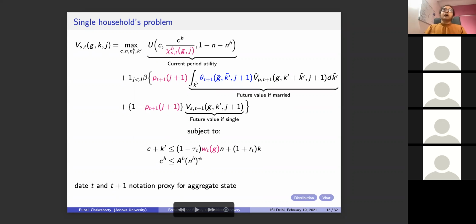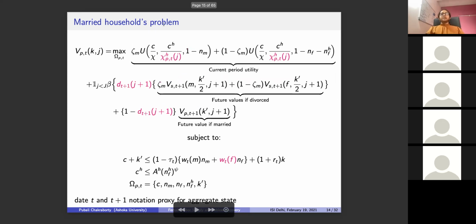Exactly, so that will be an equilibrium outcome. If you have more children, because you will be maximizing your utility, you want to maximize the C_H, you will be choosing to supply more labor at home, and this is an equilibrium outcome. Exactly. Okay, thanks.